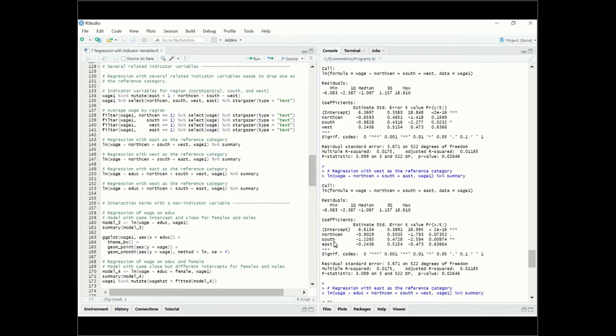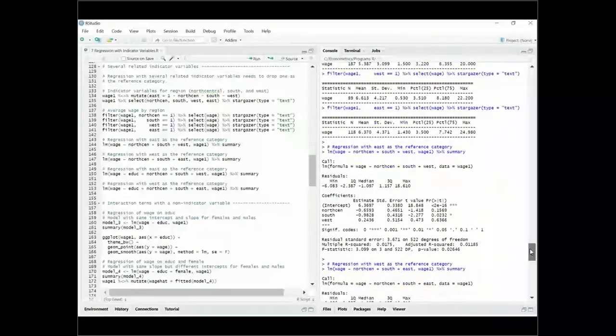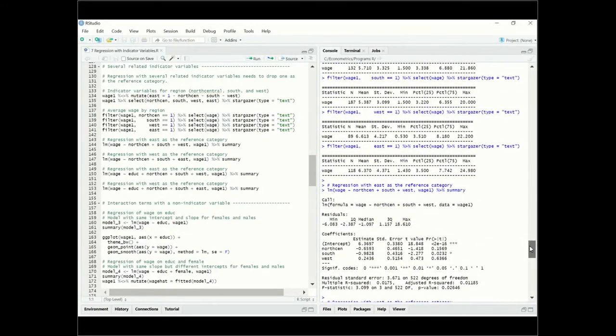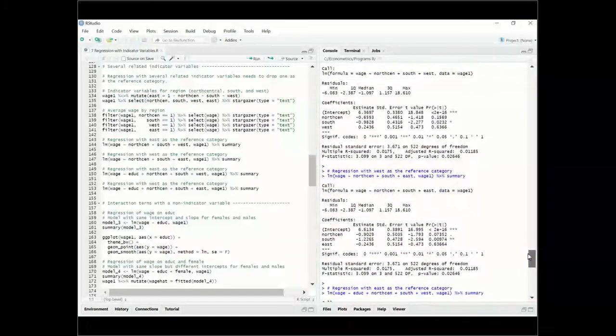Now if we compare the wages in the South, wages in the South are now $1.22 lower than the wages in the West. And if we go up to the summary statistics here, we can see that these wages are basically $1.22 lower than the wages in the West. Or in other terms, we could actually calculate it from up above here.